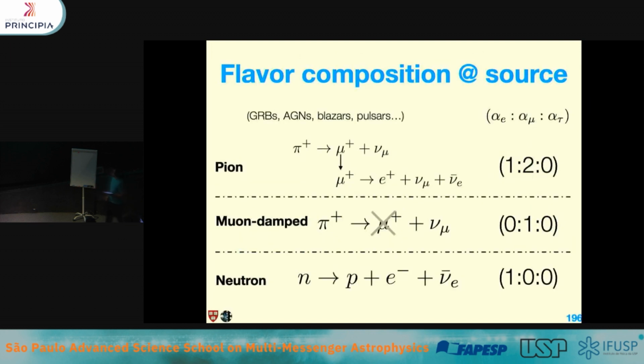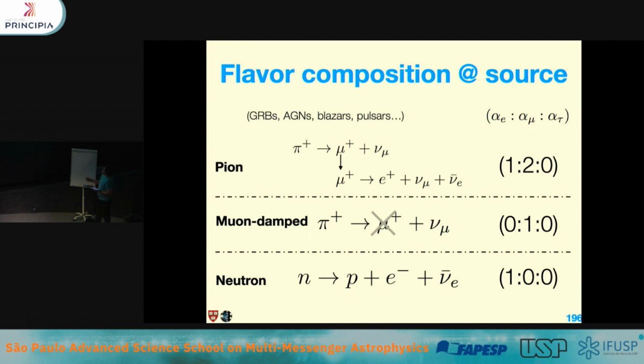So this is a sort of cartoon of the flavor composition of these neutrino sources. The sources are unknown, and maybe they have a different name, because this is sources in optical light. But we typically talk about sources in three different categories. We talk about pion sources, which produce a pion.